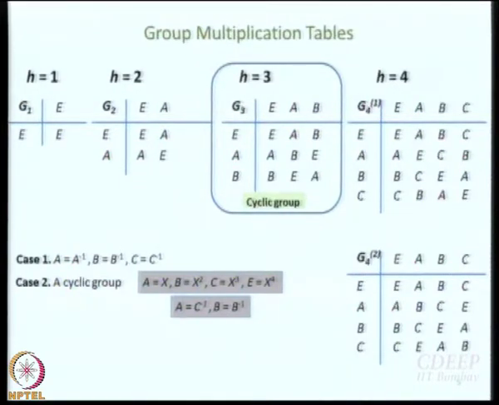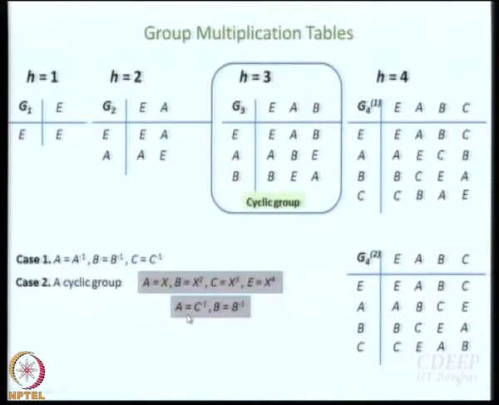So, we have constructed character tables for h equal to 4 for two different situations. One in which each element is the inverse of itself, and the other in which you have a cyclic group. There is no other possibility, because you see you already provided for whatever could have been done. Here everything is inverse of itself, here one is the inverse of the other, and the third chap is left out, it has to be the inverse of itself.